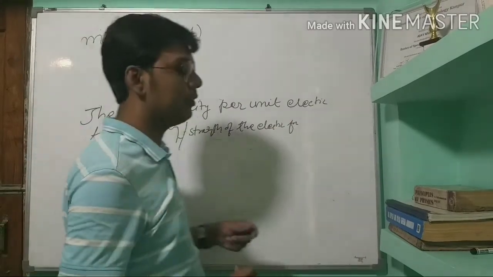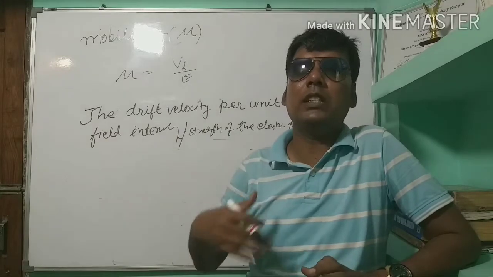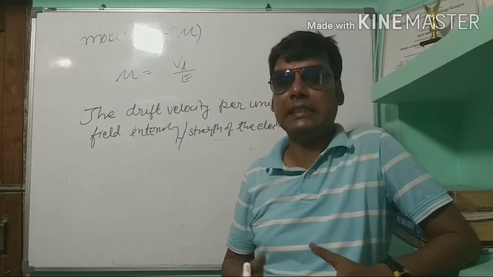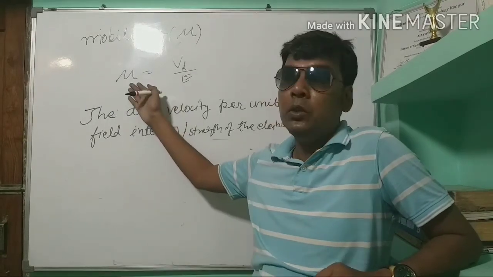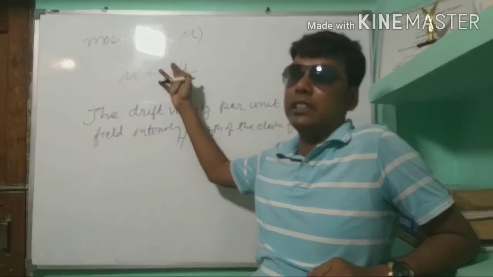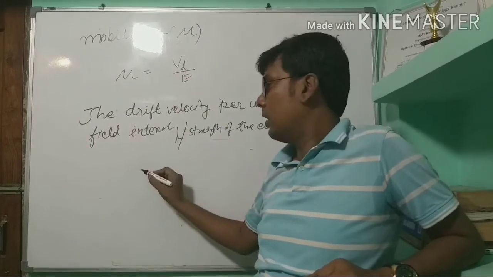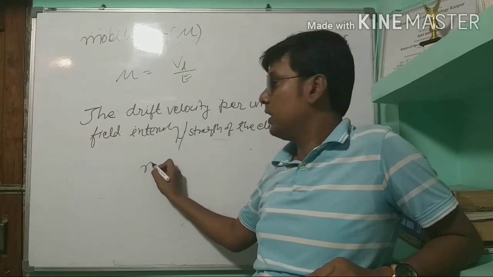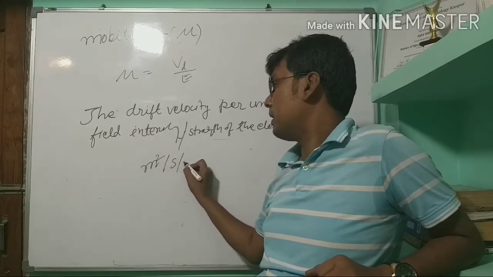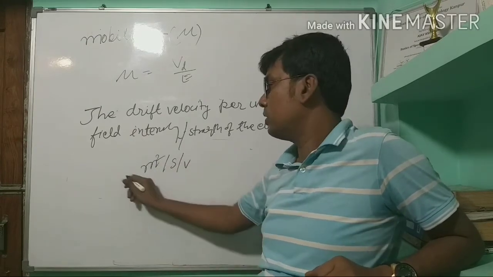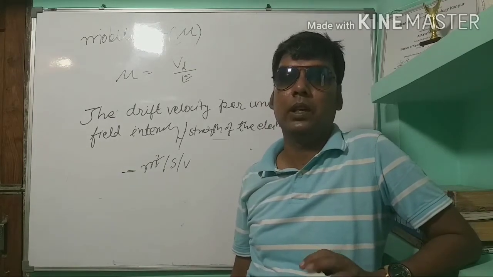So if mobility is mu, then mu equals drift velocity divided by the strength of the electric field. The unit of mobility is meter square per second per volt.